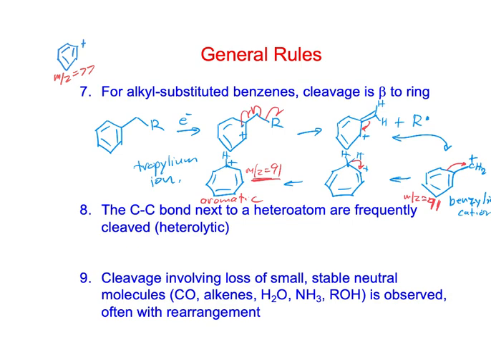All right, so let's see here. This, I think, wasn't quite right when I was looking through my notes. Let's just say the sigma bond next to a heteroatom, those are frequently cleaved. So this was the heterolytic cleavage, like this, which gives this radical plus this cation.